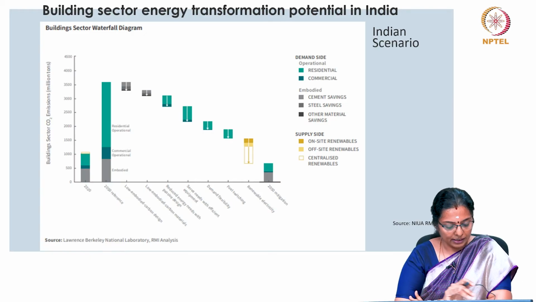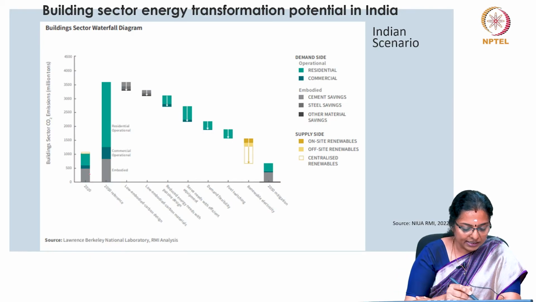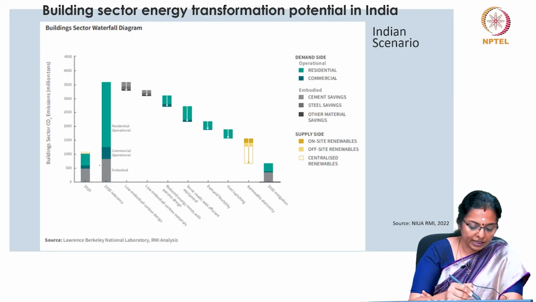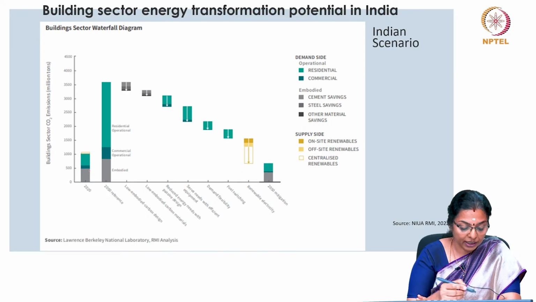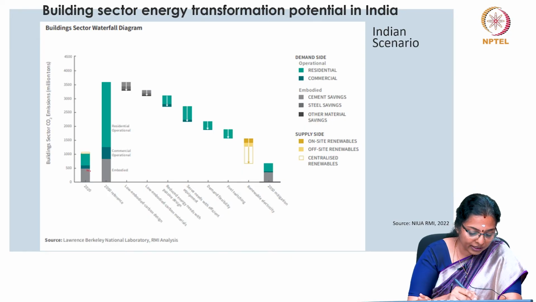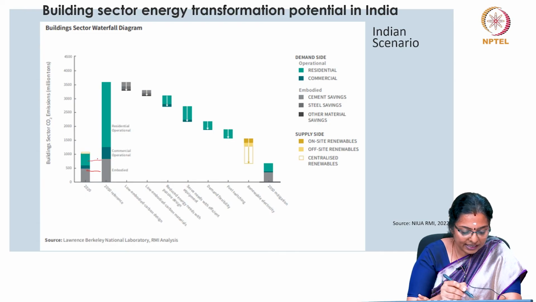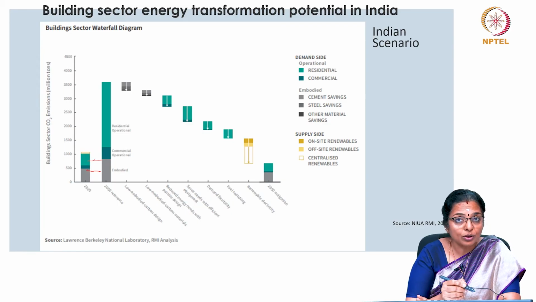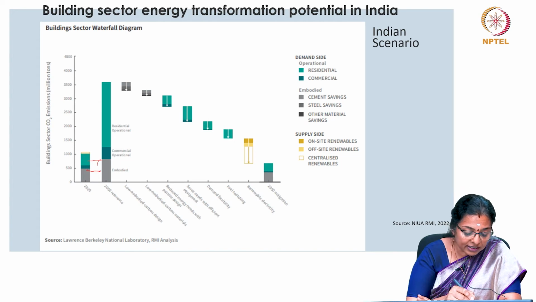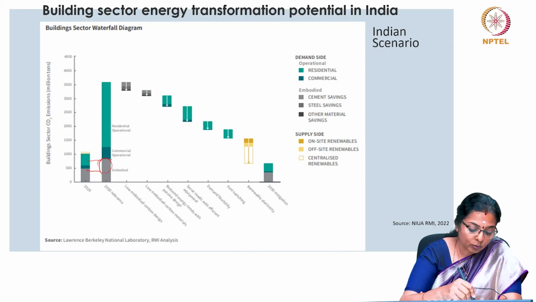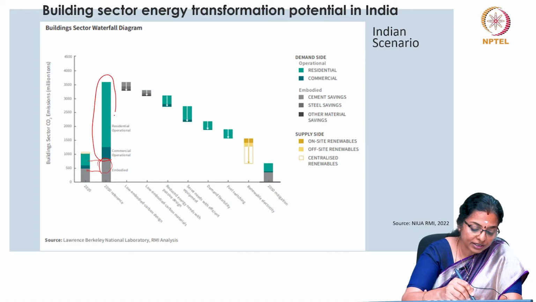So, it can be seen that the projected figure of embodied carbon, though it has increased by 50% in terms of quantity, absolute values, the increase is not as much as the requirement for operational carbon.